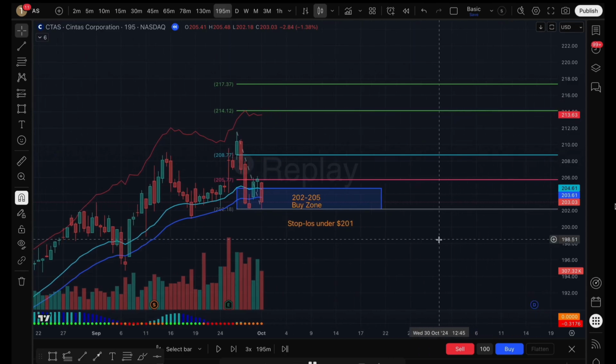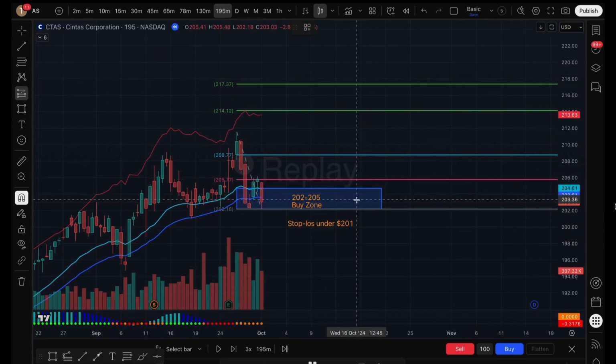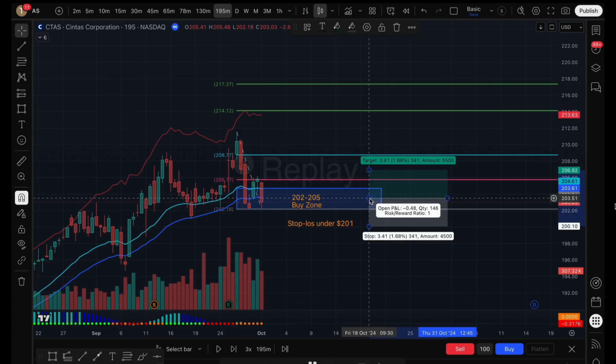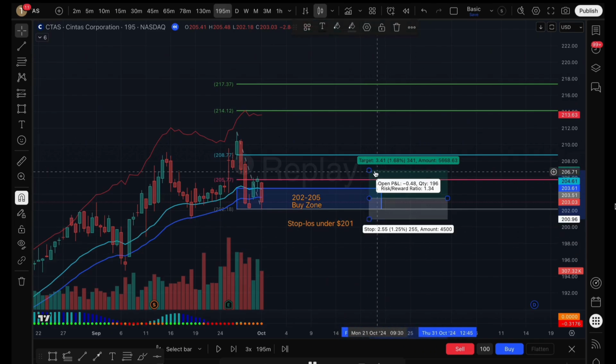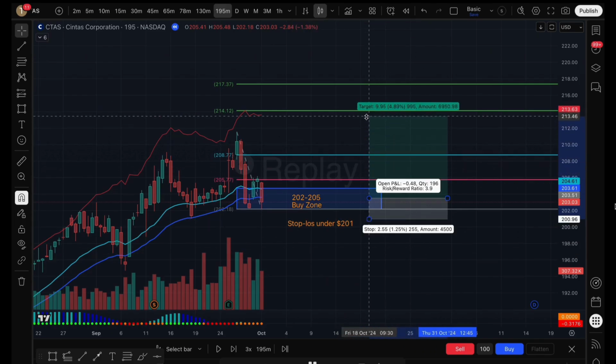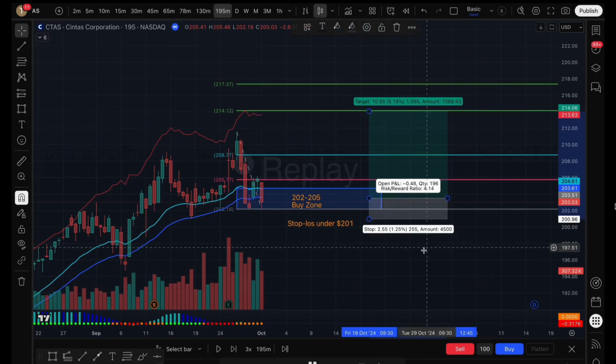So essentially, if I got into the trade, let's just call it 203, and my stop loss is going to be 201, my take profit is going to be, let's just say, the first target. I'm risking $1 to make $4.14. I'm very happy to take this trade, so this is awesome.